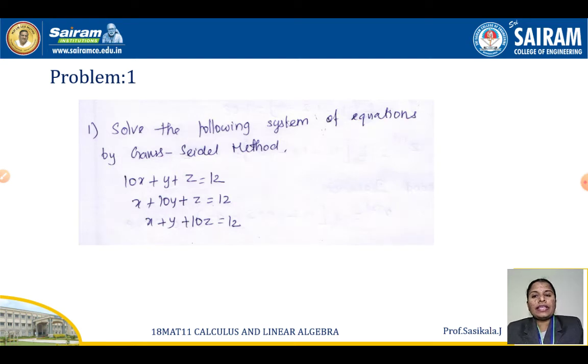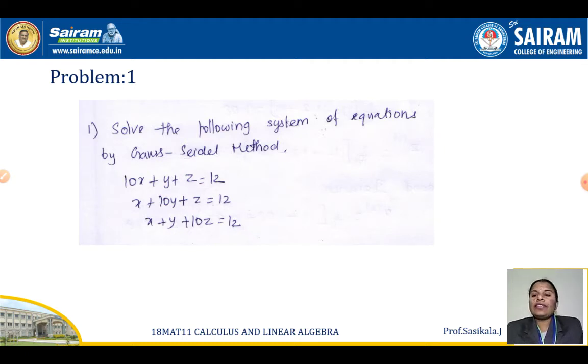You go up to 3 or 4 iterations, and by comparing the x and y values of successive iterations, if they are approximately equal, that is your exact solution. Some problems will mention that you have to go up to 4 or 5 iterations. Otherwise, until you get approximately equal values, you have to extend your iterations.